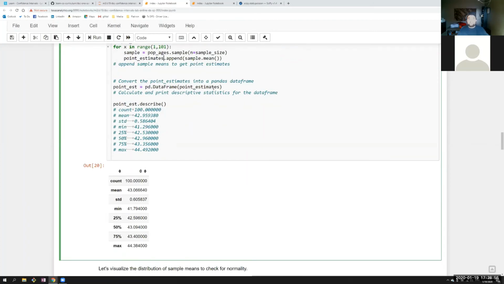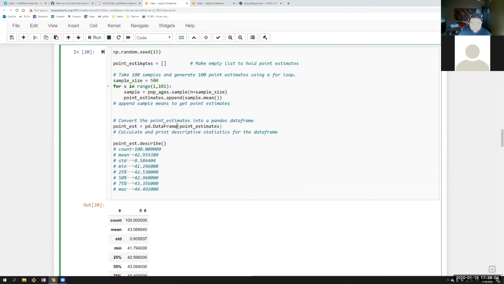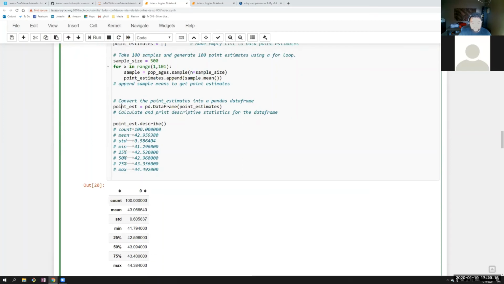Convert the point estimates into a data frame. So the point estimate is going to be a data frame. We have a list up here. Every time we pull a sample, we're going to append the means. That'll give us a long list. We pass that list into the DataFrame method, and it's going to get us a data frame.